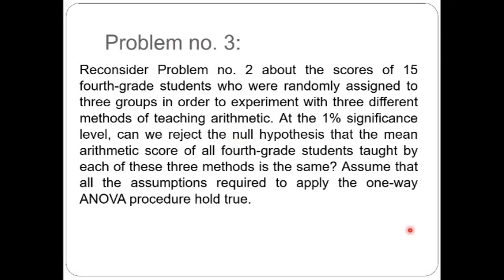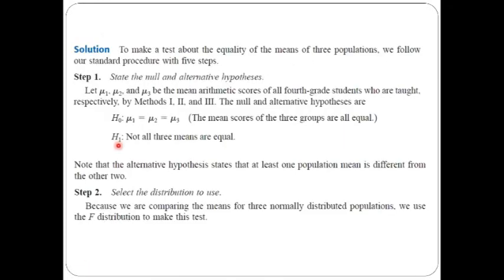Ayun. So, again, step-by-step process tayo. Paano natin siya isolve? Yung first natin na step is to determine again yung null hypothesis natin and also the alternative hypothesis natin. Since we have yung method 1, method 2, and method 3, the assumption for the null hypothesis is equal lang siya lahat for the 3 groups.